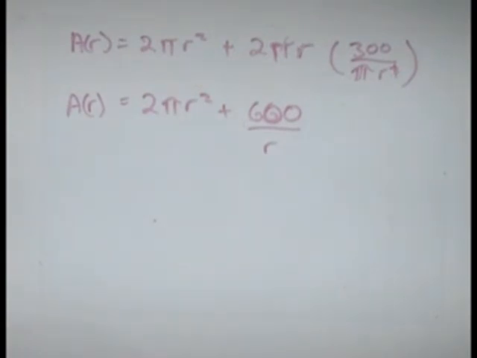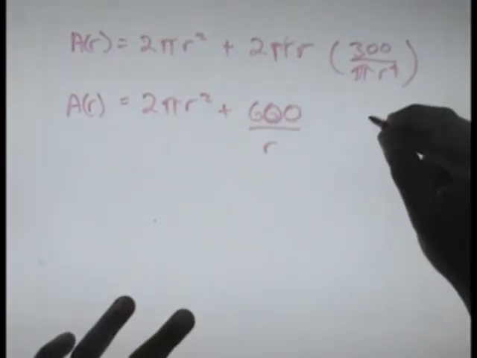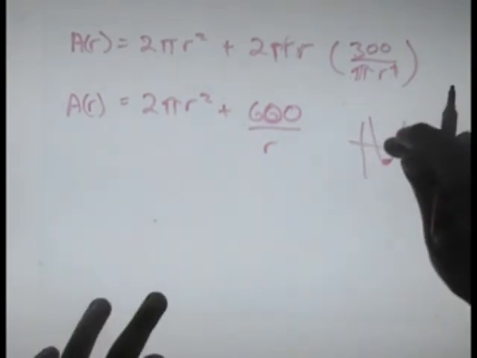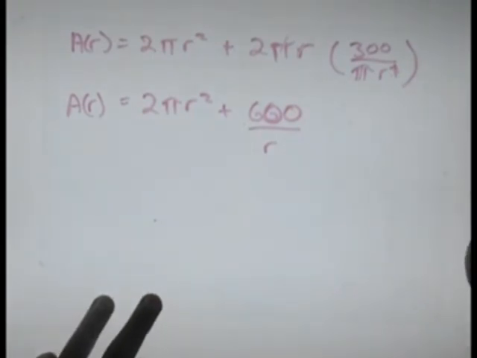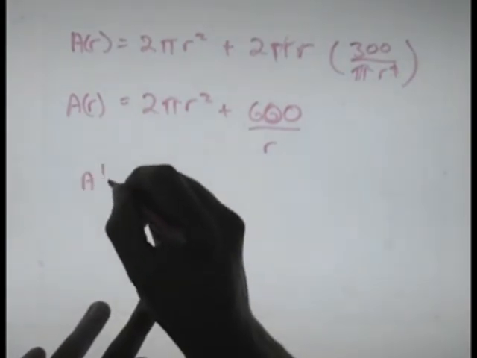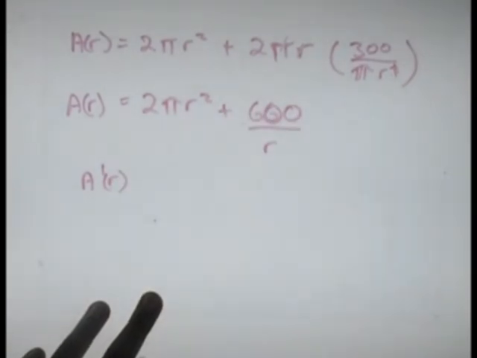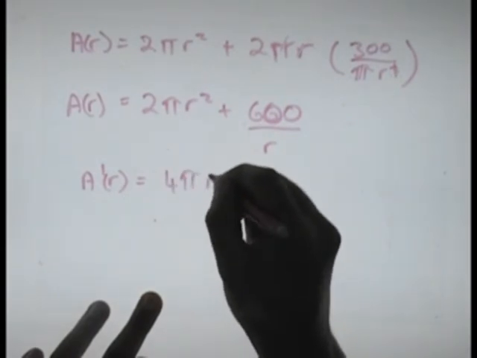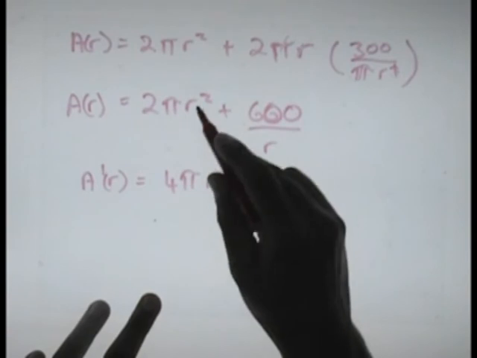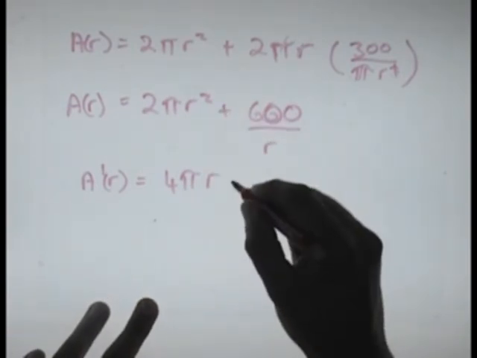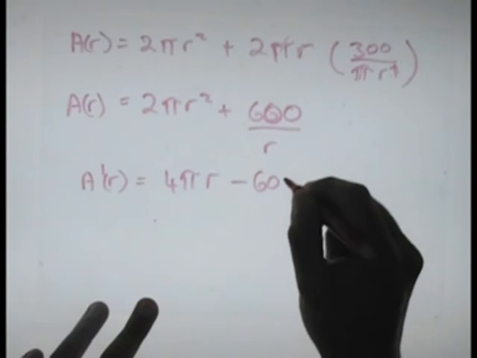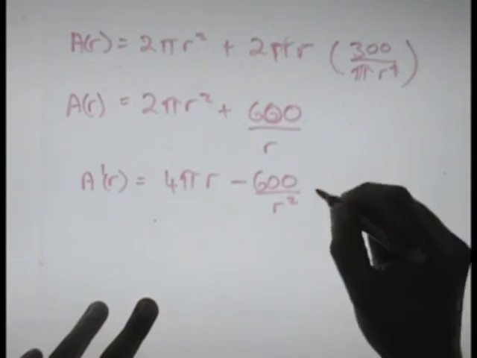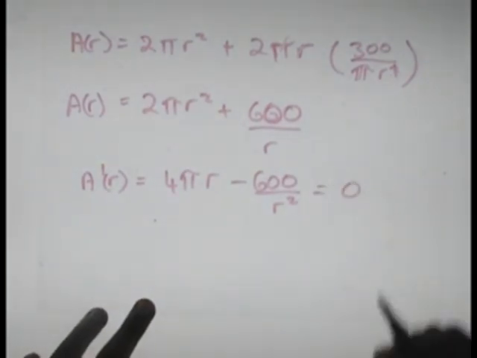To find my minimum surface area, remember this graph is a graph that's going to look something like that. Minimum surface area is that turning point, which is when my gradient is equal to 0. My gradient of this calculation is equal to 4 pi r. 2 times 2 is 4, 2 minus 1 is 1, 4 pi r minus 600 over r squared, and that has to equal 0.